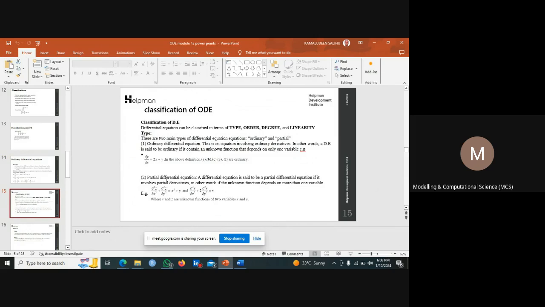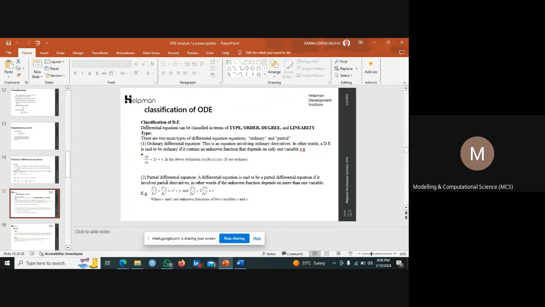So number two, the partial differential equation. A differential equation is said to be partial if it involves partial derivatives. And we know what a partial derivative is. You can have more than one variable. You can have x and y, you can have x and z, and so on. And you'll be asked to differentiate it partially, independent of the other.